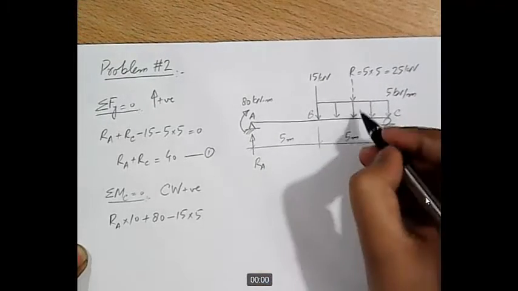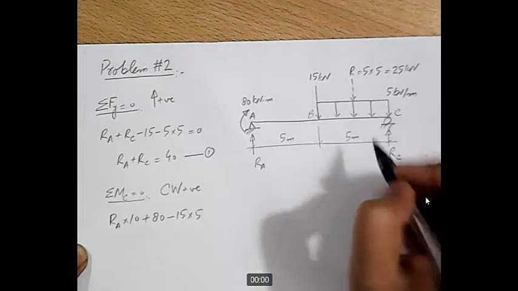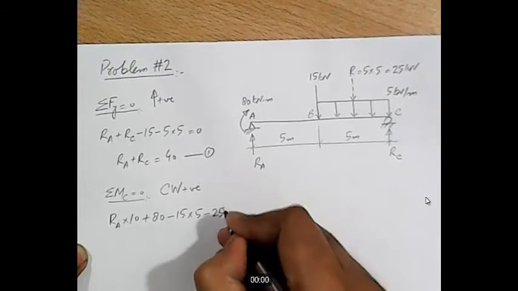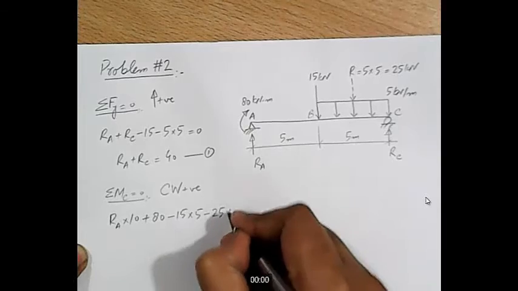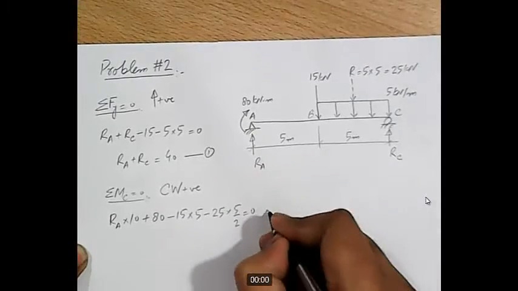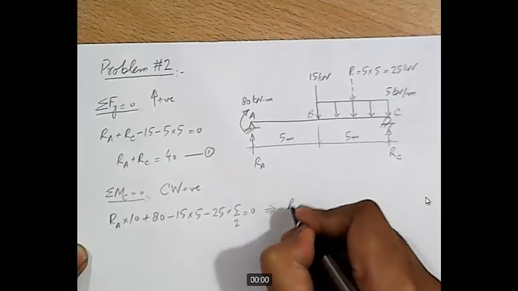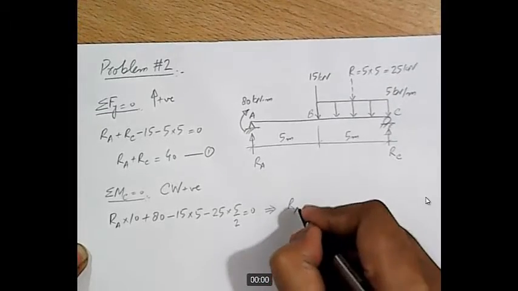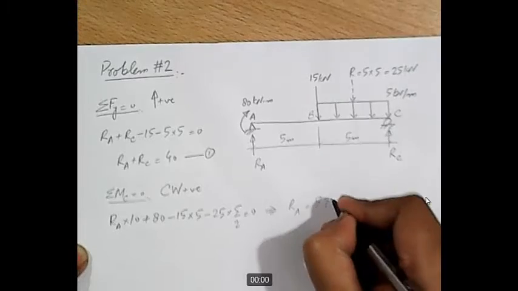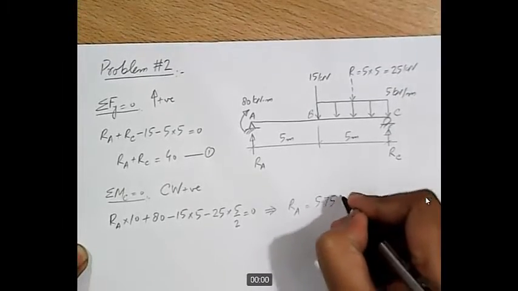It will produce moment in counterclockwise direction, so it will be negative. Minus 25 is the magnitude of the resultant, and the lever arm is 5 by 2. This should be equal to 0. So if we solve this equation, we get Ra equal to 5.75 kilonewton.